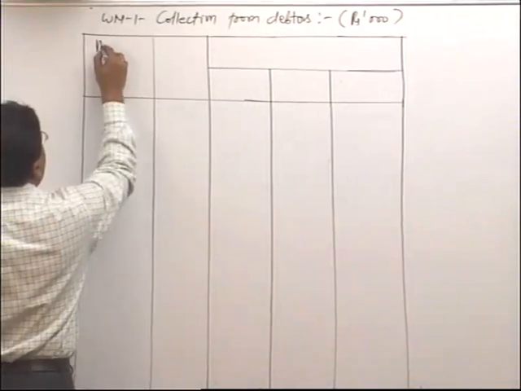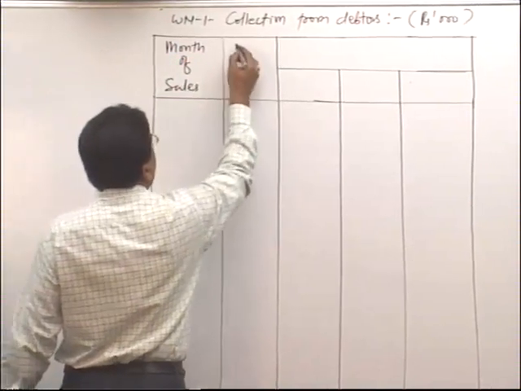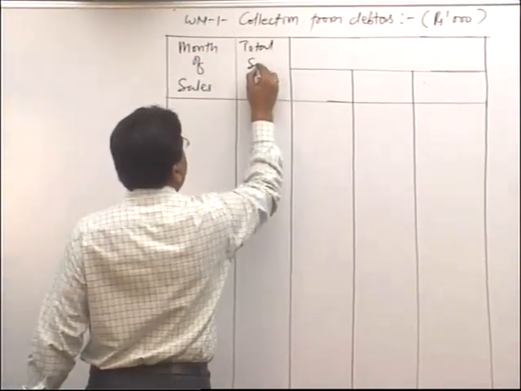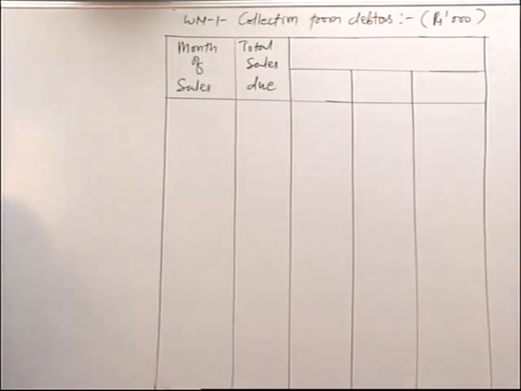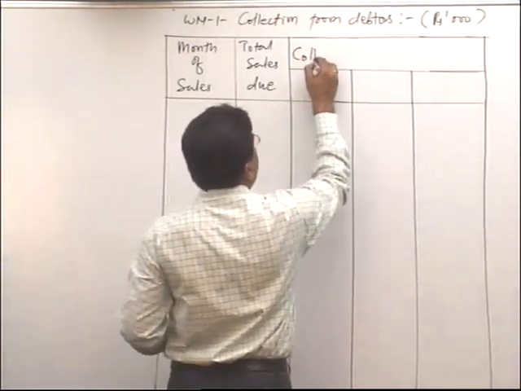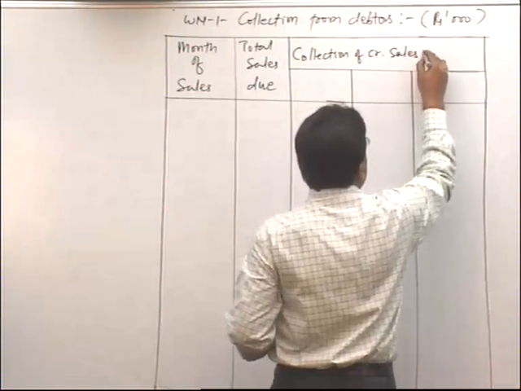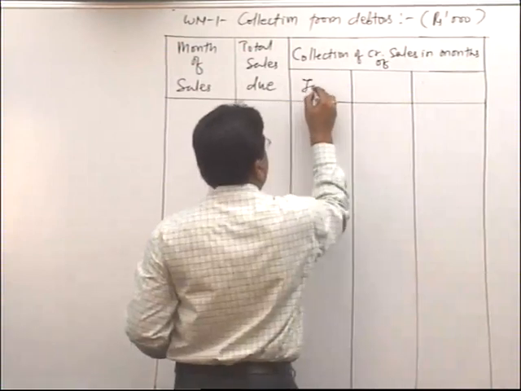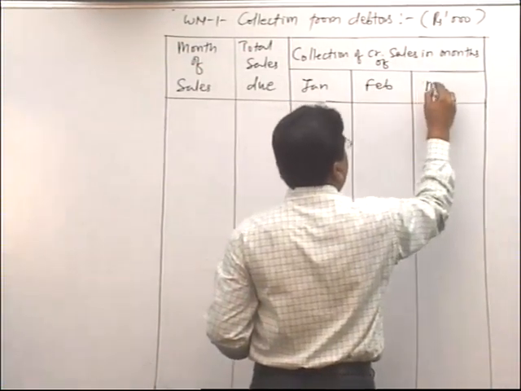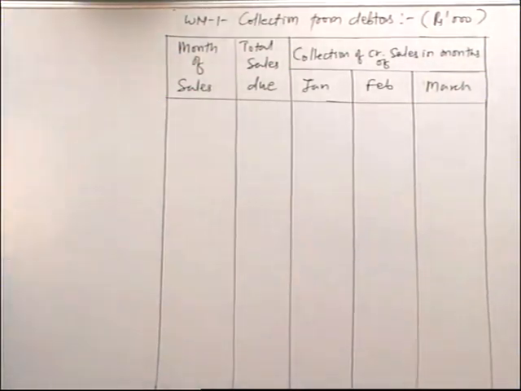The first column is month of sales. The second column is total sales due, meaning this sale is on credit basis. Then next is collection of credit sales in the months of January, February and March. Please draw the format.